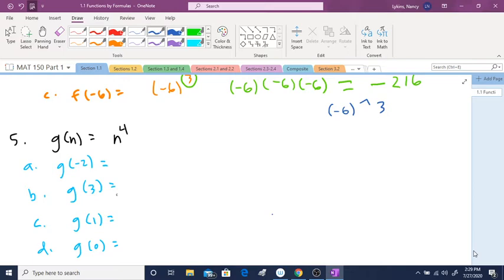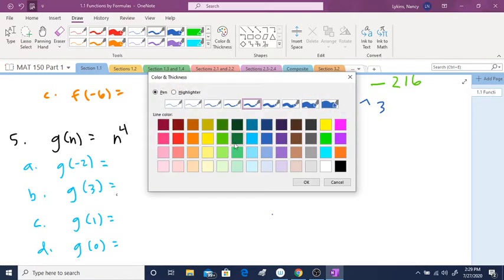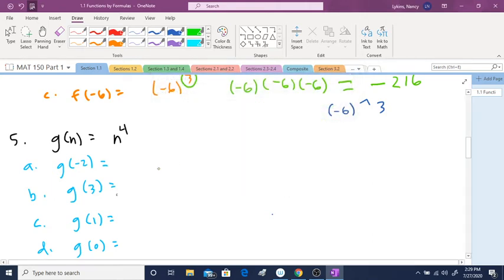Okay, so the first problem is negative 2 to the fourth power. I'm going to do this by hand, though you can do this by calculator. Negative 2, so it means I've got 4 of those. Notice something. Since 4 is an even power, the negative and negative makes a positive. The negative 2 and the negative 2 right here makes a positive.